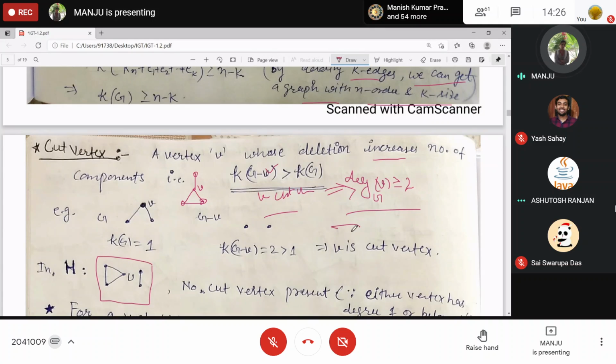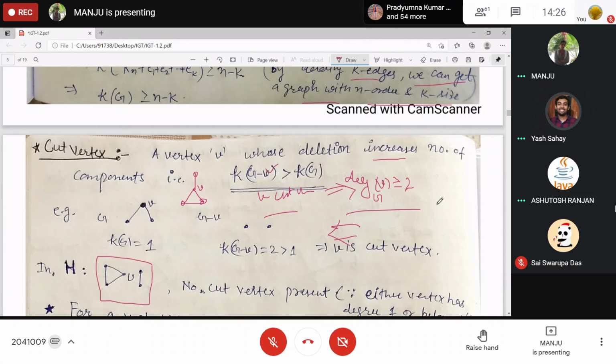What about the converse condition? Is it true that if the degree of any vertex V is at least 2, then V is a cut vertex? No. Give me the counterexample.